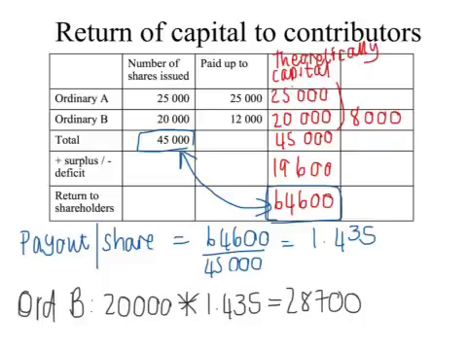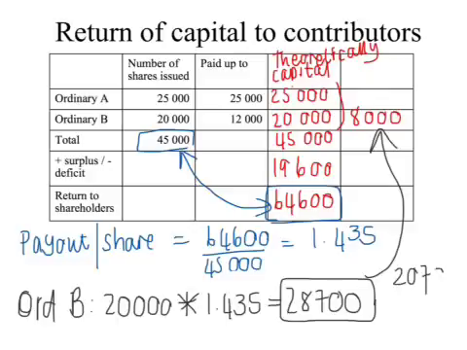But they won't receive the full 28,700 because we have to account for the unpaid calls, so the amount on the part of the issue price that they haven't paid yet. So we just reduce this payout to them with the unpaid calls. So they'll receive 2,700 with this distribution to the capital contributors.